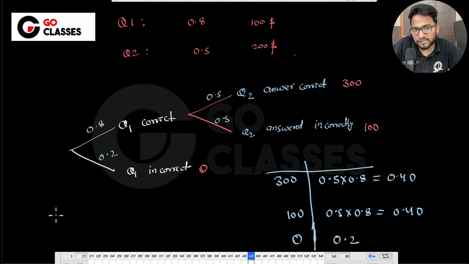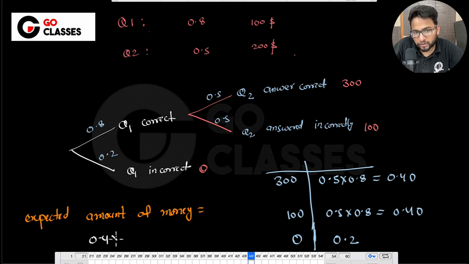So the expected amount of money that you will be winning is 0.4 into 300 plus 0.4 into 100 plus 0.2 into 0, which is anyway 0.